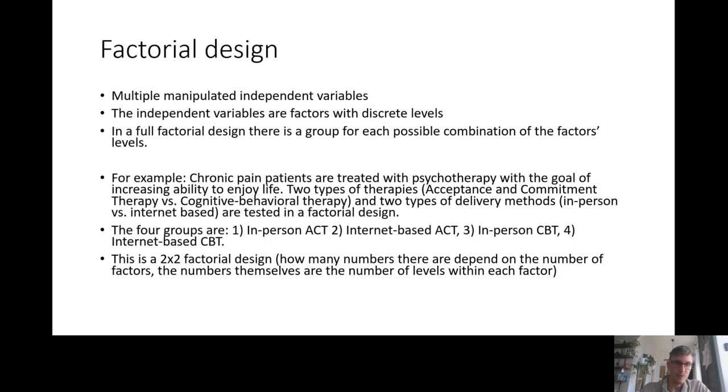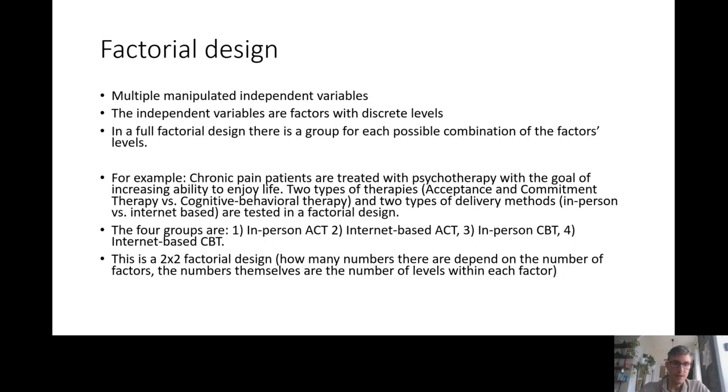You would have independent variables that are factors, which basically means that they have discrete levels. They are usually not continuous in factorial designs. So these would be, I don't know, different types of treatments or different delivery methods, as we are going to see in the next example.